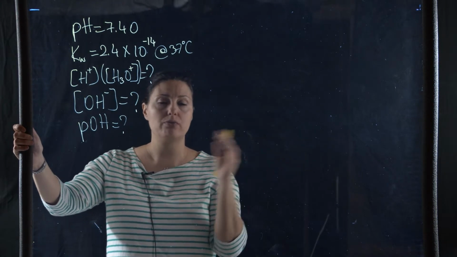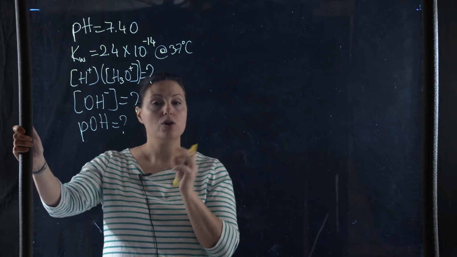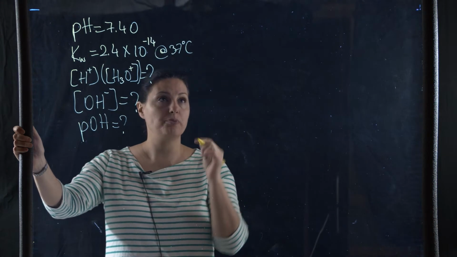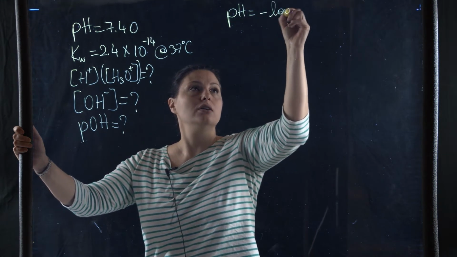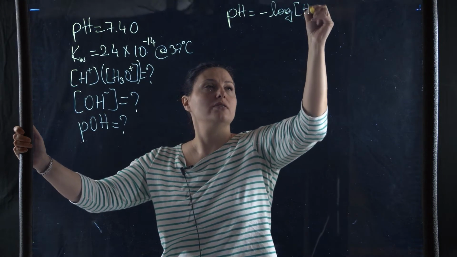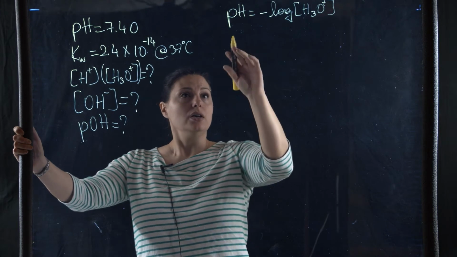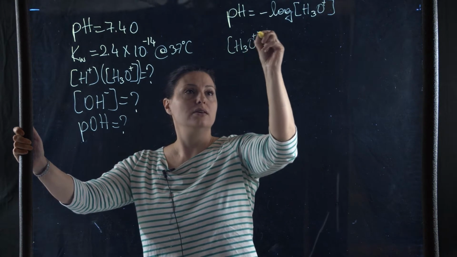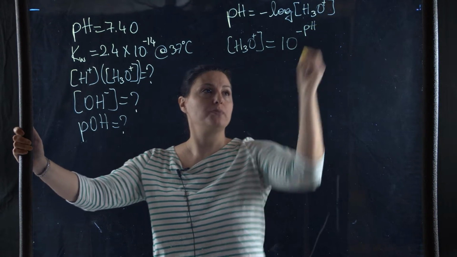The other formula, remember a slide or two ago, I said that you're going to remember two formulas that you are going to use for this chapter. One was the pH. I said pH is equal to minus log of the concentration of H3O plus. The other one is concentration of H3O plus is equal to 10 to the minus pH value.